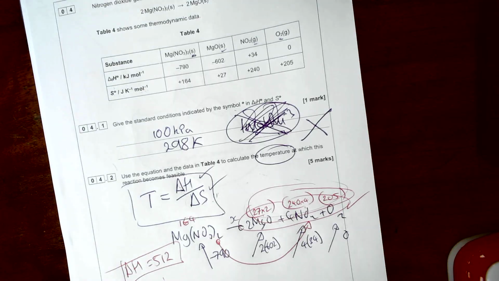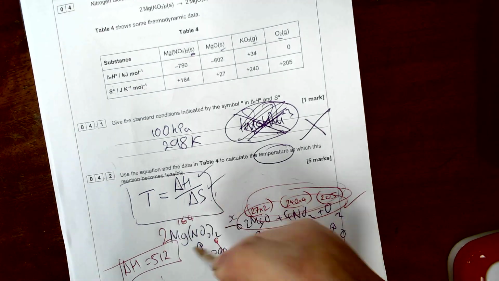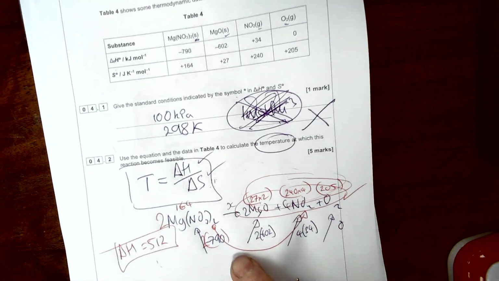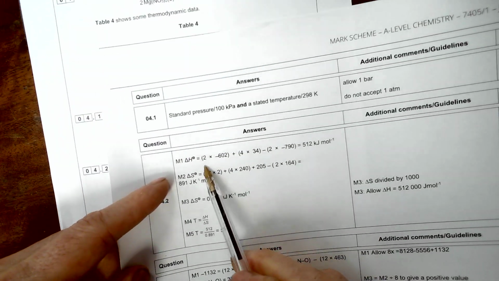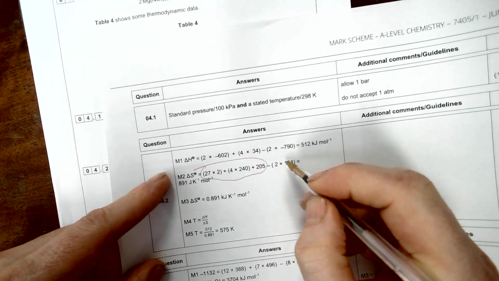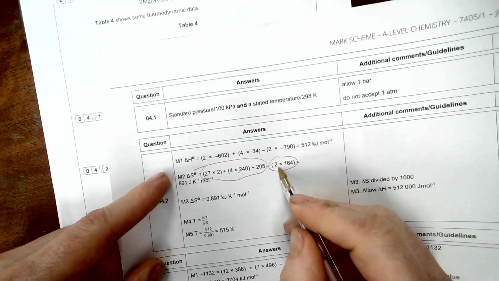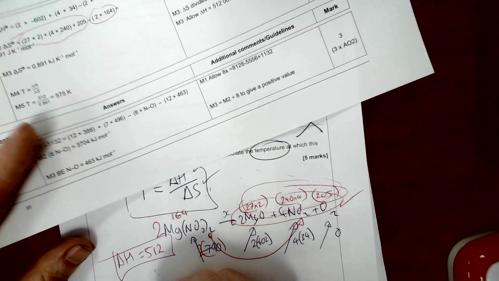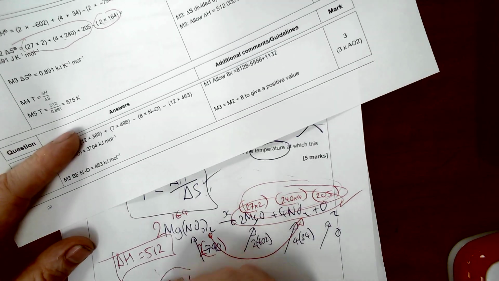I missed the 2 off there, my bad everybody. So there's the products and there's the reactants. The answer for there was 891. So delta S was 891.